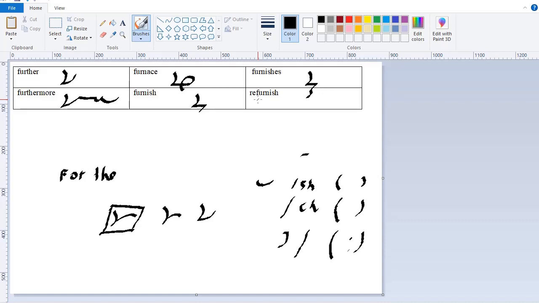Okay? So, ayan. Let's do refurnish. So, nandito na yung furnish. All you need to do is to add the re. So, we have re and then furnish. Okay? Ulitin natin. Re and then furnish. So, that is how you do refurnish. Ayan.